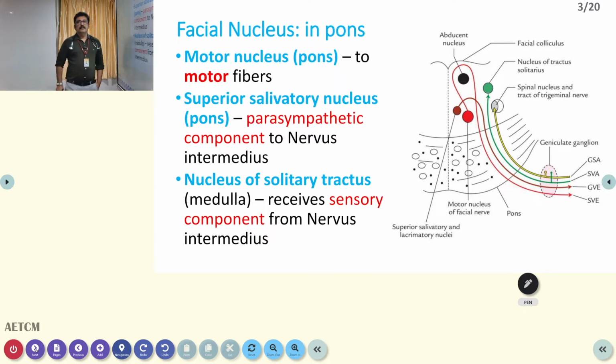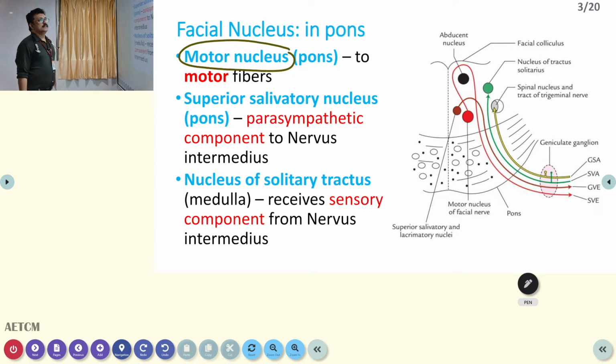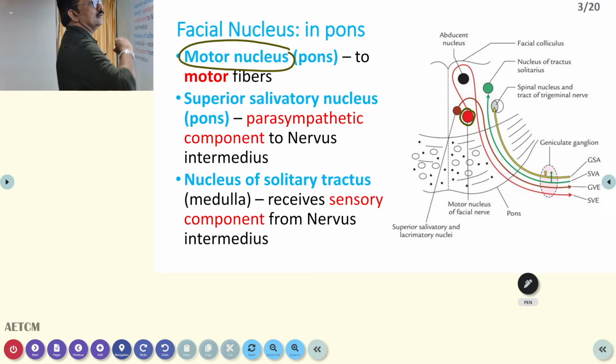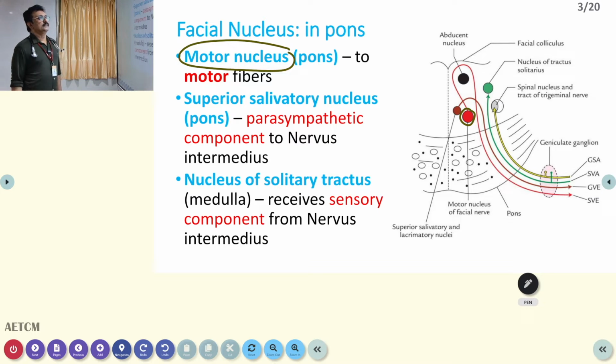Now, if you see the facial nuclei in the pons, there are multiple areas in that nucleus itself. There is a motor nucleus that controls the movement of the facial muscles and supplies the motor fibers. You can see here, this is the motor nucleus that controls the facial muscles.